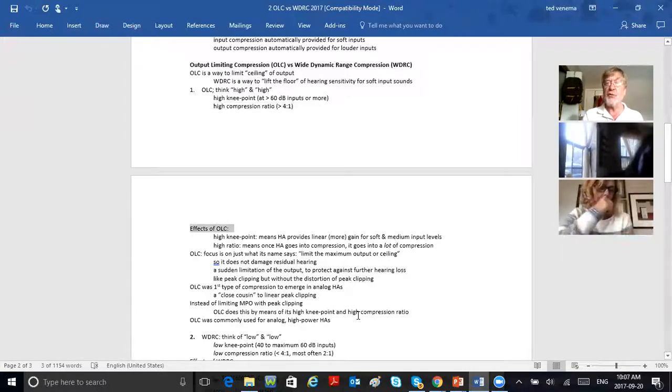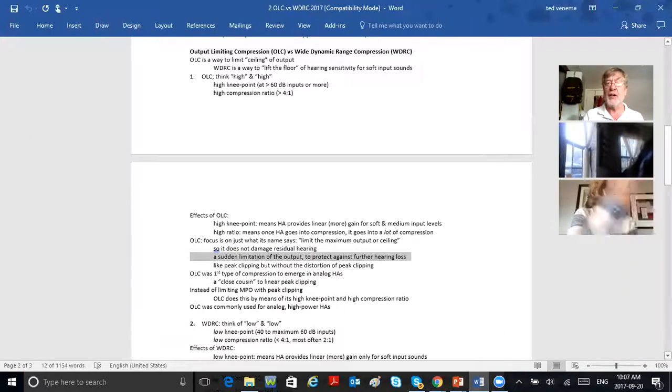High ratio means once the hearing aid goes into compression, it goes into a lot of compression. There you have it, right in the notes. The focus is on the ceiling, so that the hearing aid does not damage residual remaining hearing. It's a sudden limitation of the output to protect against further hearing loss.